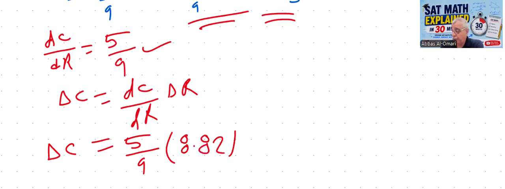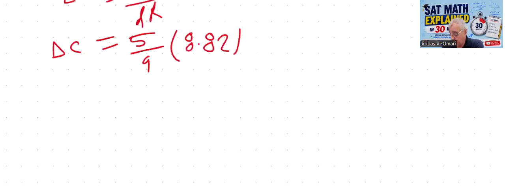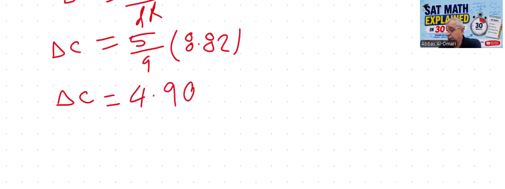So we simply do the multiplication. So we have delta C equals 4.9 degrees. So a change in Rankine of 8.82 will result in a change in Celsius of 4.9 degrees. So this is the answer.